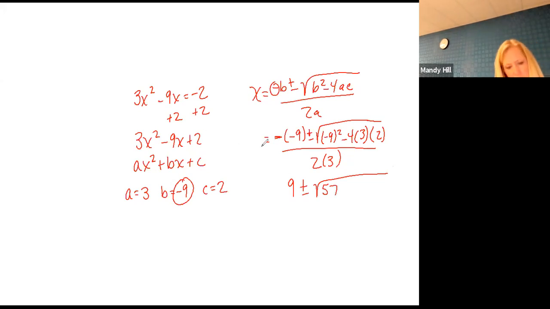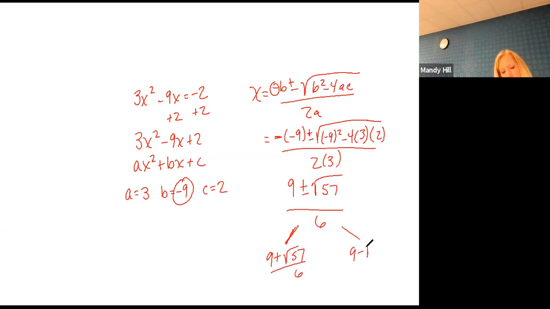Nope, it can be divided by 3, and 57 divided by 3 is 19. 3 times 19, though, is still not going to get me factors I can pull out. And I've got 6 on the bottom, 2 times 3. So I've actually got 2 answers here. One of my answers is 9 plus the square root of 57 over 6. The other answer is 9 minus the square root of 57 over 6.